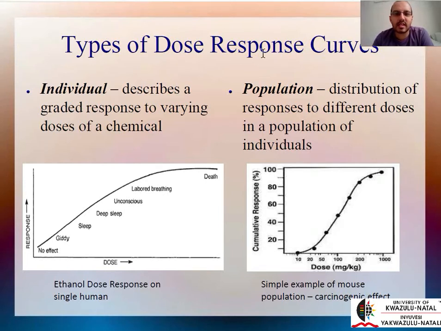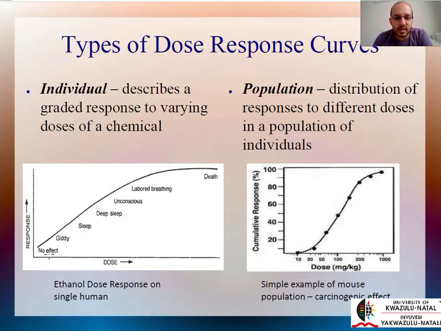Okay, so we can look at it in terms of dose-response curves. In the case of an individual, it can describe a graded response to varying doses of a chemical. So let's say an individual is exposed to various doses of ethanol. This is just a single individual, and if we expose him to various doses of ethanol, we can record his responses.